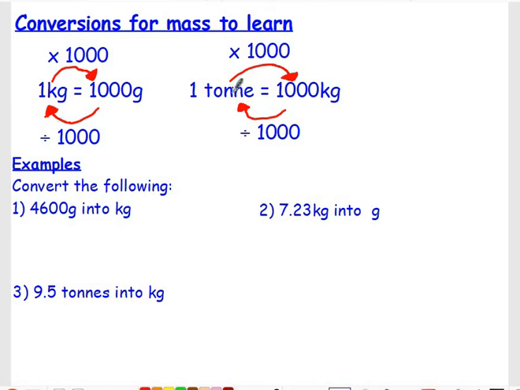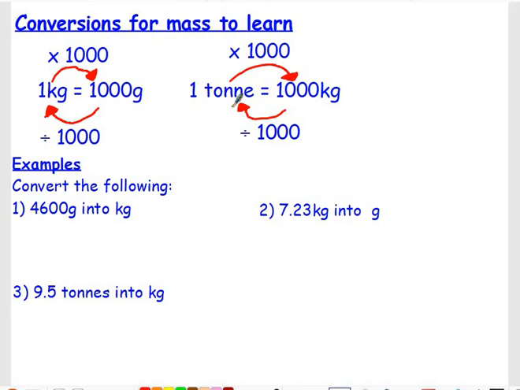We also need to know this one here. 1 ton is the same as 1,000 kilograms. So to get from ton to kilograms, we times by 1,000, or if our answer is in kilograms and we need to get it converted into tons, we divide by 1,000. Another fact for you is 1 gram is the same as 1,000 milligrams.